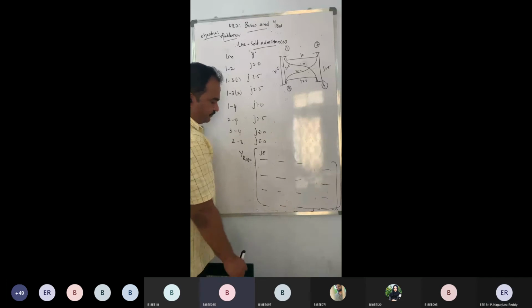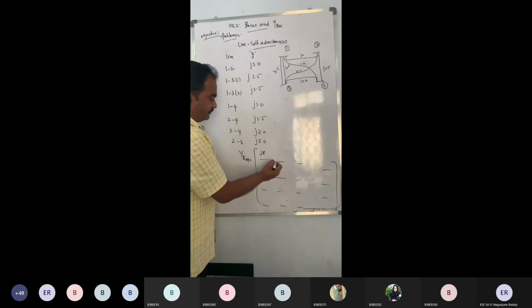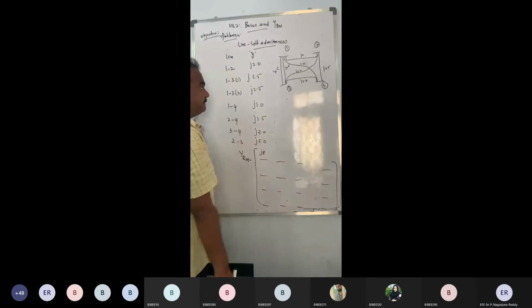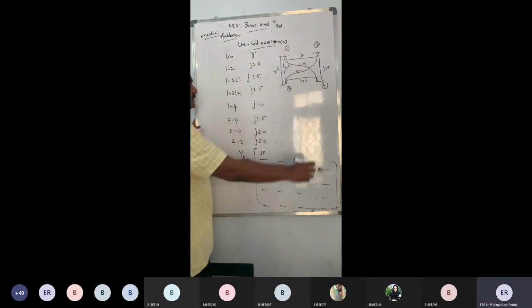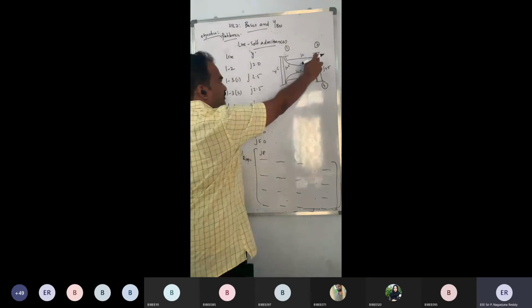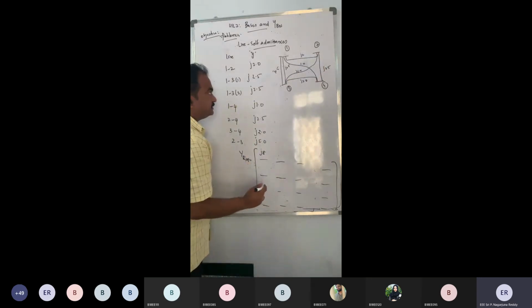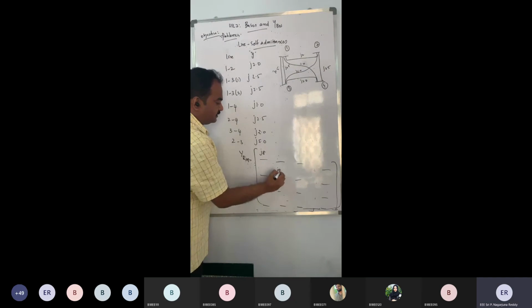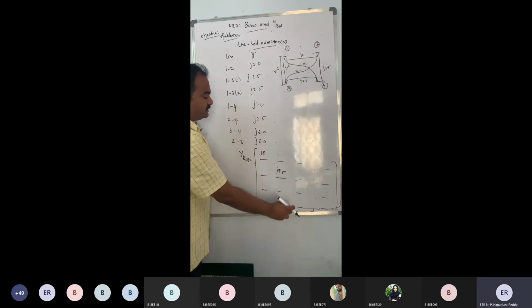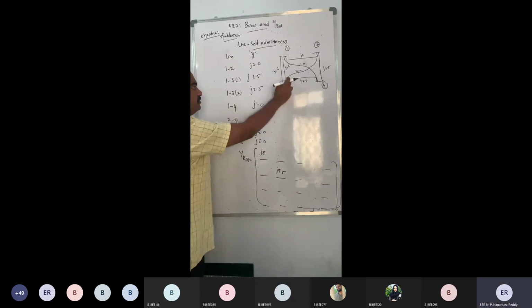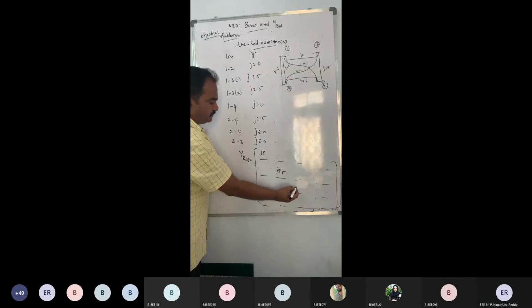What is Y22? What are the elements at the second bus? 2 one, 5 one, 2.5 one. Summation of all these. How much will you be getting? J9.5. At the third bus, summation of all these things.